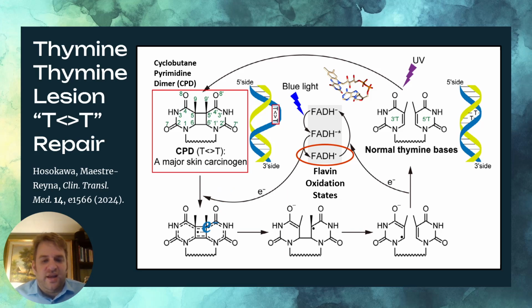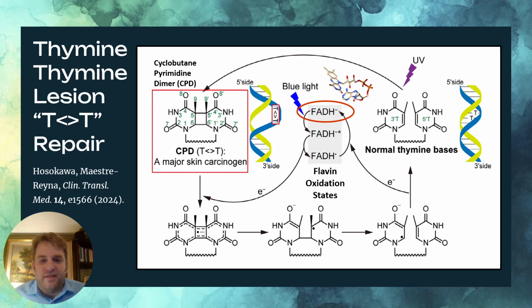As the electron enters the thymine dimer, the cyclobutene pyrimidine dimer, it can break up the first bond that's formed, the top bond, breaking up the second bond that's formed, the bottom bond at the 6-6 position, and now is ultimately reabsorbed by the FADH, which recovers its fully reduced state, FADH minus.